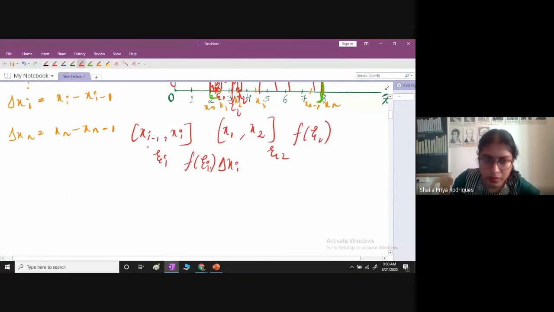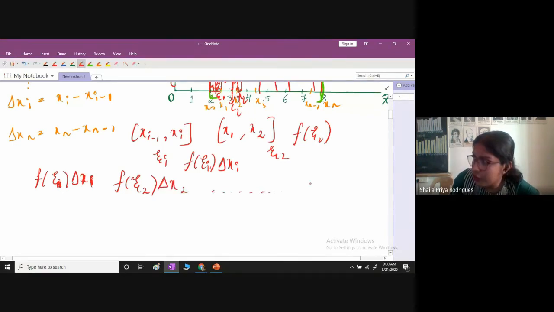Yes, summation. See, the area of the first rectangle there was f of xi1 delta x1. The area of the second rectangle was f of xi2 delta x2.